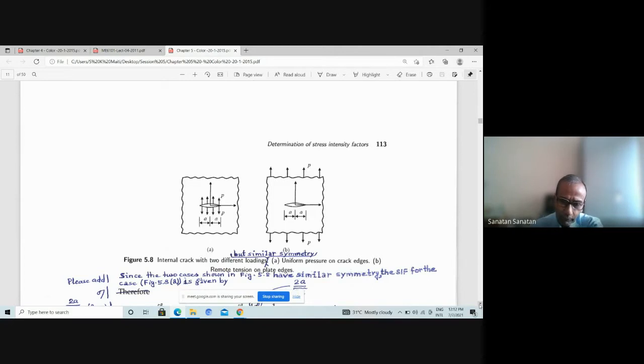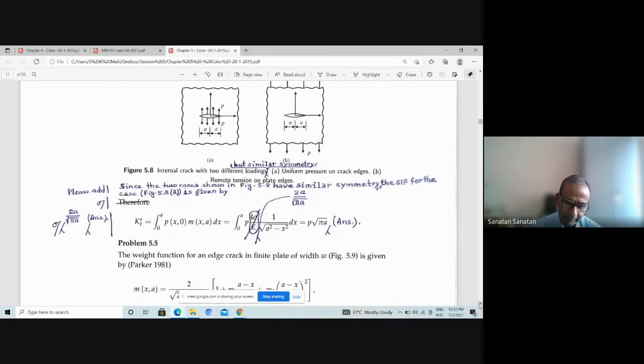The loading on the crack faces will be simply P, trying to open the crack, and then if you take the integration, Px0 mxa, where mxa is the solution available and P is the loading, you get the SIF as P root pi a, which we have also obtained earlier by the superposition method.